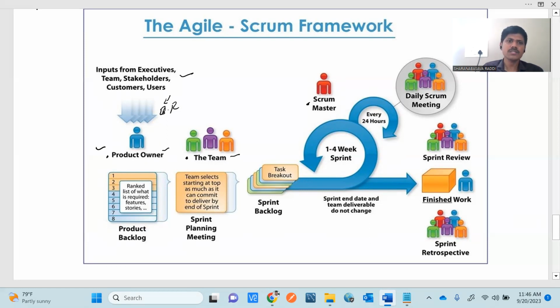Okay, once these business requirements are collected by the product owner, what he will do, he will try to arrange those requirements into some document, means he will try to arrange those requirements on priority basis. For example, this stakeholder or customer has given around 4 requirements. Just assume there are 4 requirements.